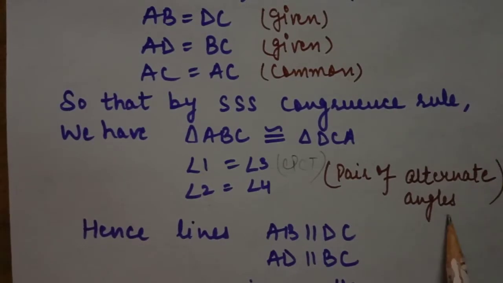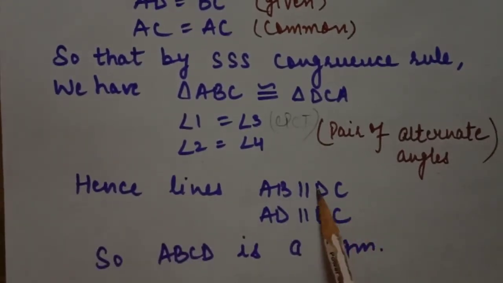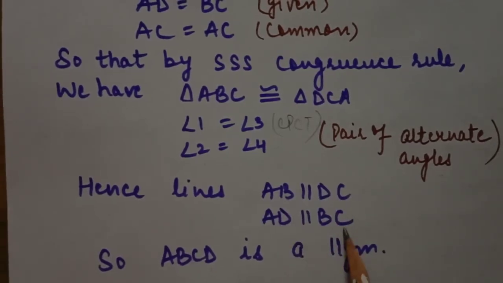Hence the lines AB and DC are parallel to each other. AD is also parallel to BC. These two lines are parallel, and it is already given that these two pairs are equal. If two opposite sides of a quadrilateral are equal and parallel, then it is a parallelogram, because it is a property of a parallelogram.